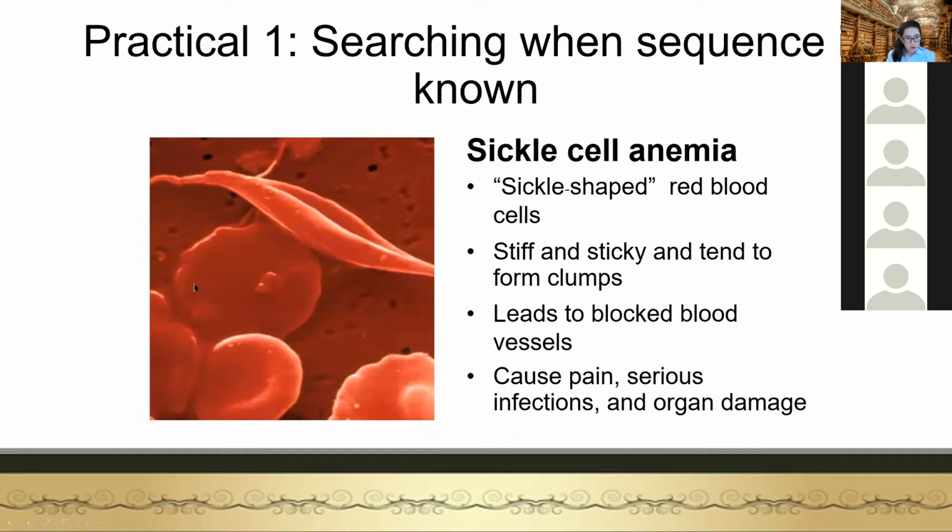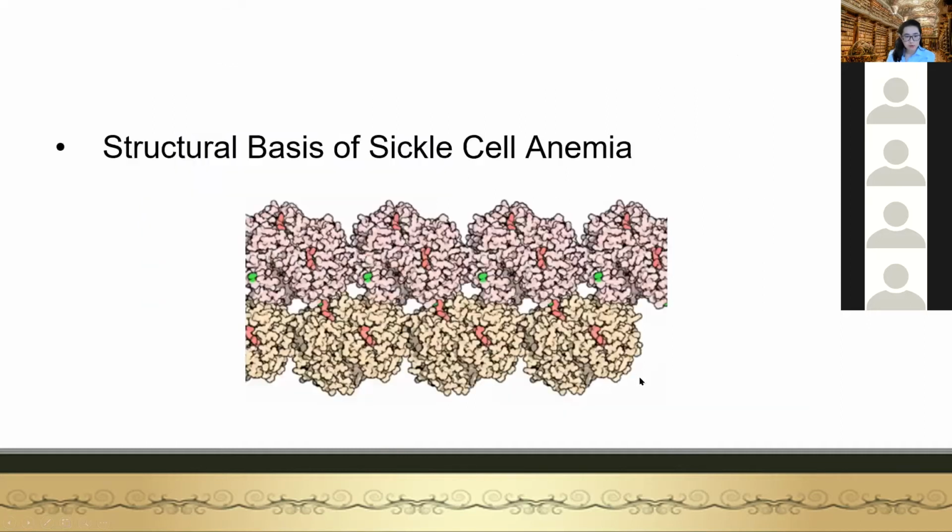The red blood cell normally will have the donut shape like this, but when it becomes the sickle shape, it will be stiff and sticky and tend to form clumps. It leads to blocked blood vessels and causes pain, serious infections, and organ damage, because the sickle shape red blood cells clump together and clog the blood vessels.